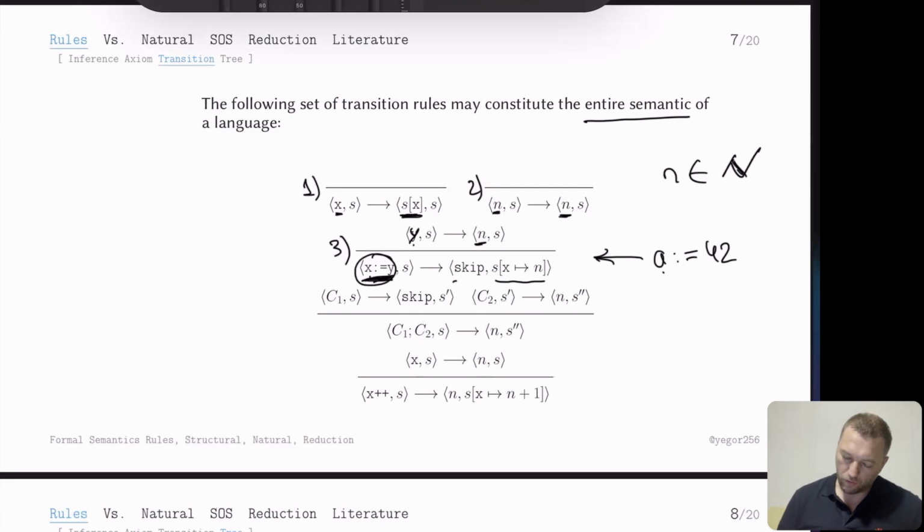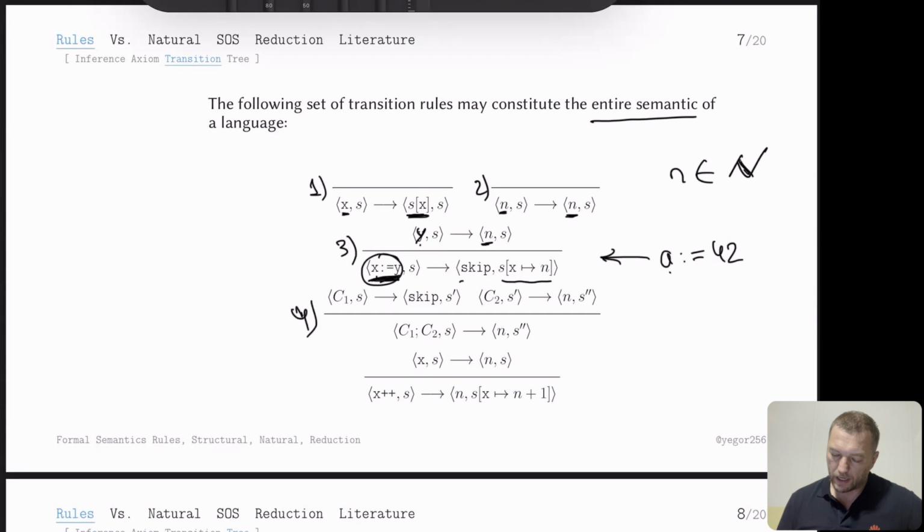The next rule, rule number 4. Actually, let's read it from the bottom. If you see command 1, semicolon, command 2, then you can transfer it to a number, and the state will be changed 2 times, so it's state double prime, with 2 premises.